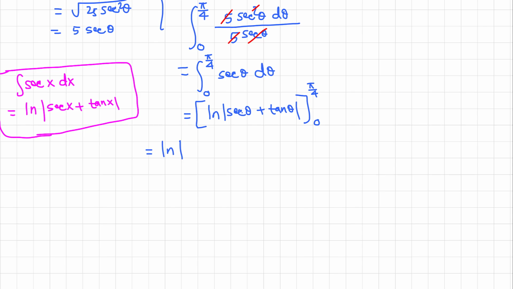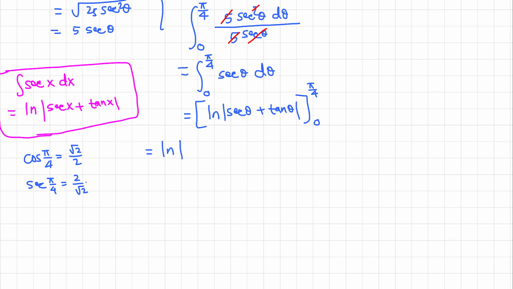What is the value of secant pi over 4? We know that cosine pi over 4, that's cosine 45, is root 2 over 2. Then secant would be just the reciprocal, 2 over root 2.